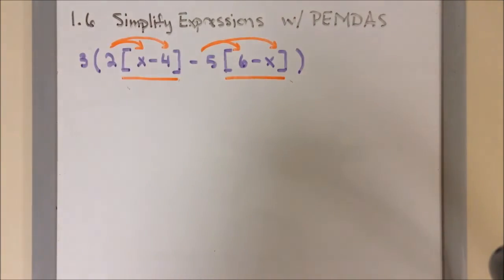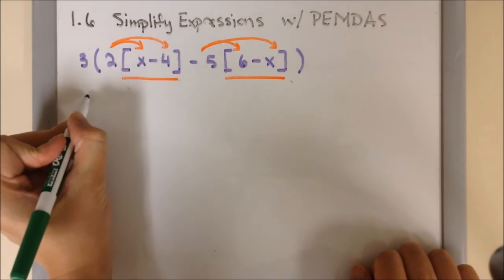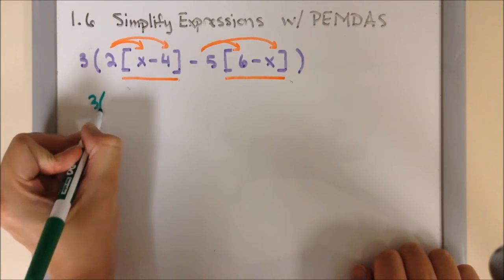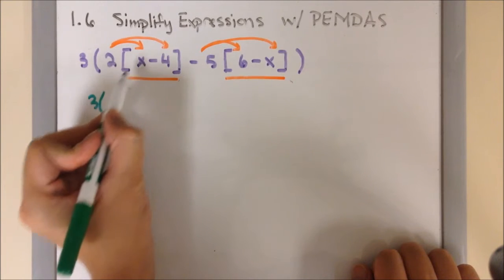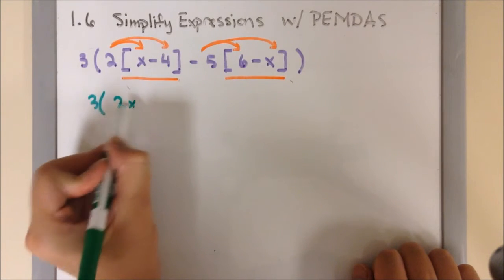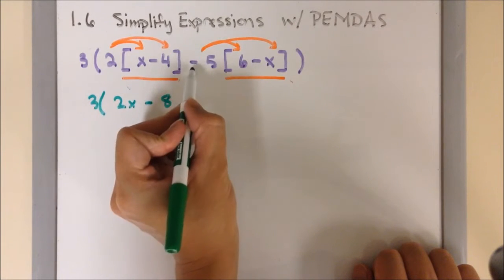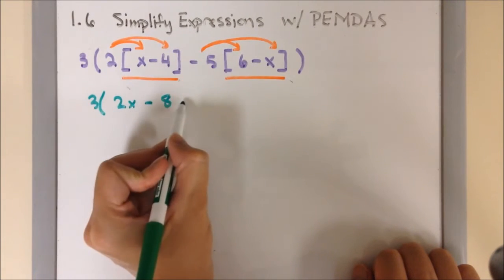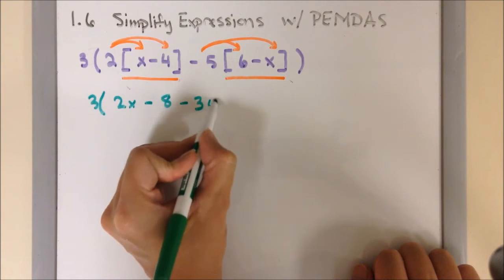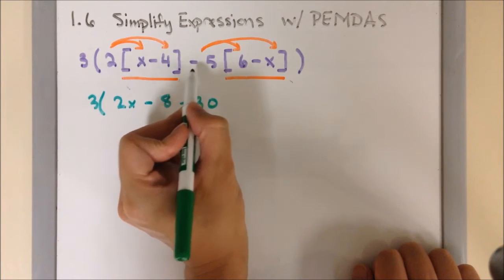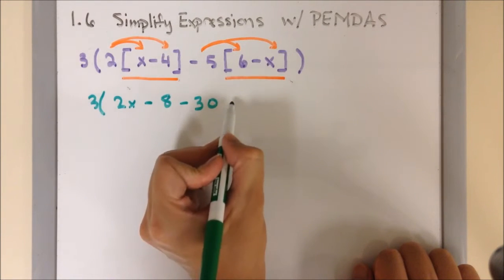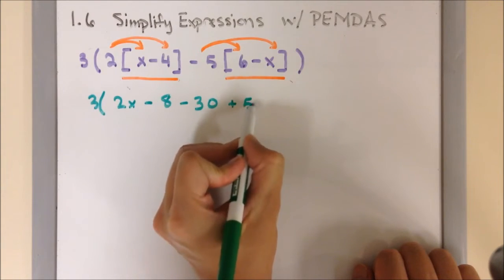So I'm going to just say out the process. What I'm going to do first is bring down the 3. Open parenthesis, 2 times x, that's 2x. 2 times -4, that's -8. -5 times 6, -30. -5 times -x, that's going to be positive 5x.